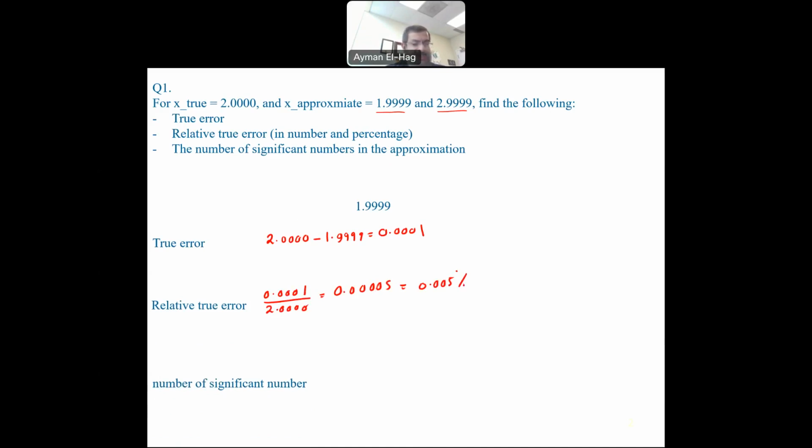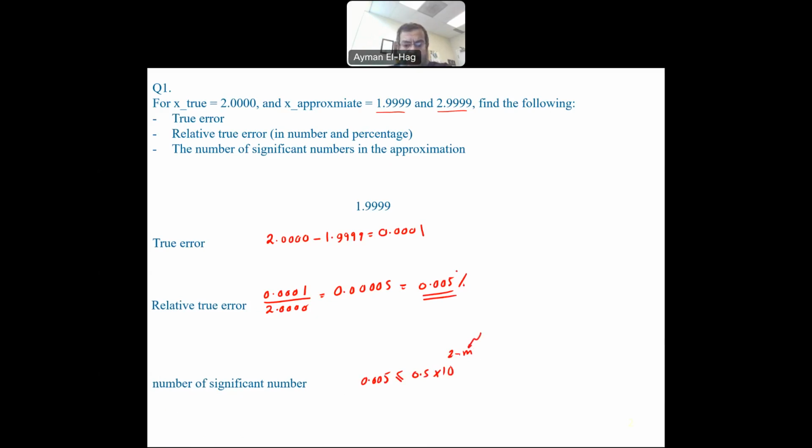So we take the absolute value of the percentage relative error, which is this one, the 0.005, and this will be less than or equal to 0.5 times 10 to the power of 2 minus m, and m is at least the number of significant digits in the answer, okay?